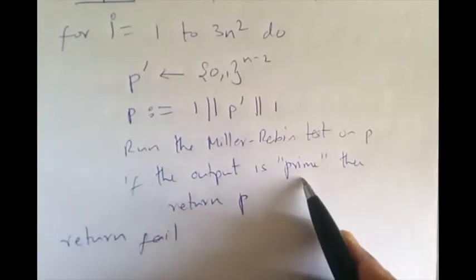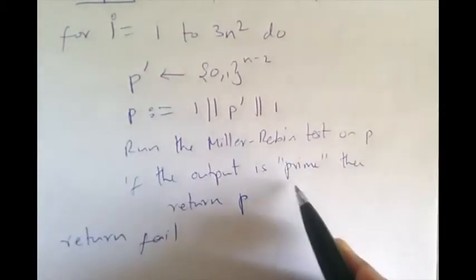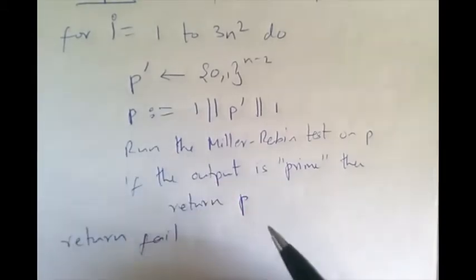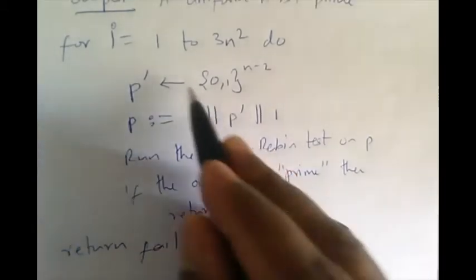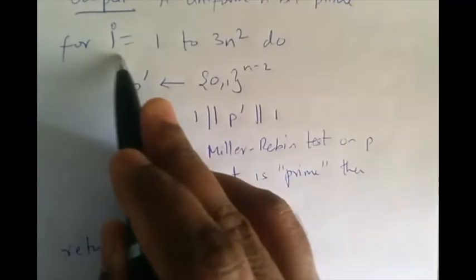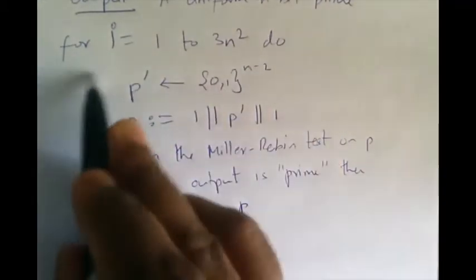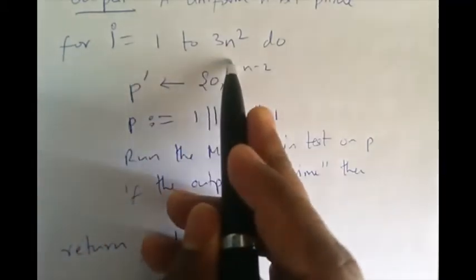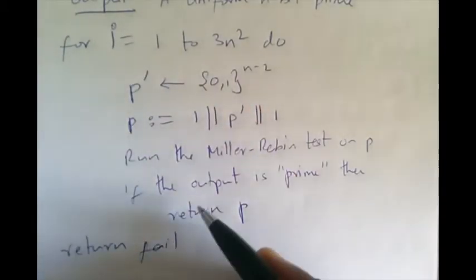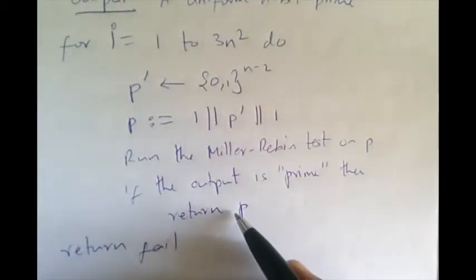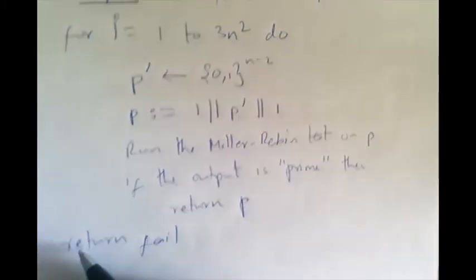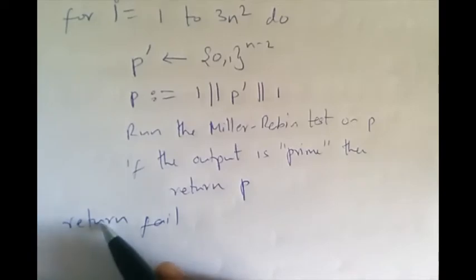And if the output of the Miller-Rabin test is prime, then we'll just return this integer p here. But if this loop body ends here, so for all these 3n square iterations, if I don't return an integer, then this statement here will execute, which is going to return a fail.